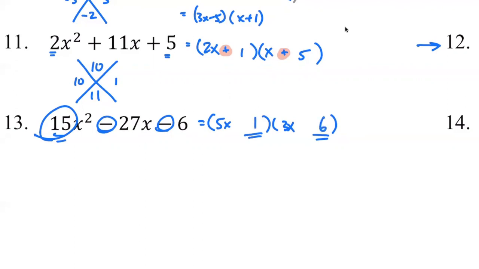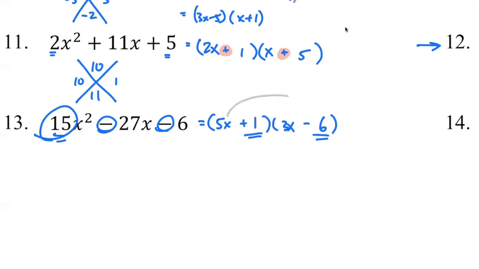So my gut tells me that 5x times 3x would give us 15x squared. My gut tells me that 1 and 6 would be the number pair to get us 6. And because of this, my gut also tells me that this is how we have the sign. And you're like, wait, hold on. How do you know?